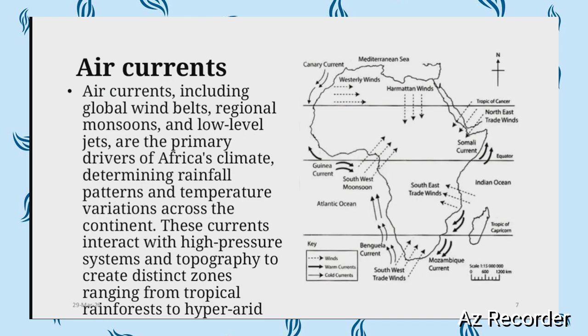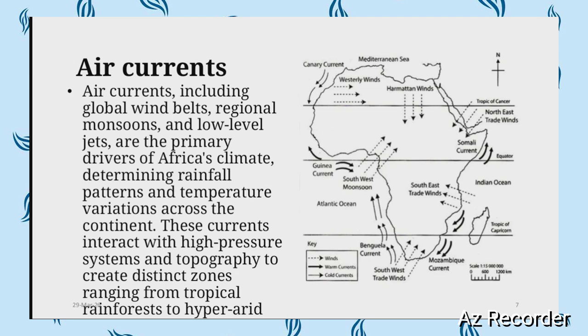Air currents, including global wind belts, regional monsoons and low-level jets, are primary drivers of Africa's climate. We've seen different kinds of air currents, like the southwest monsoon winds, the southeast trade winds, the southwest trade winds, the Benguela currents, and the Mozambique currents.